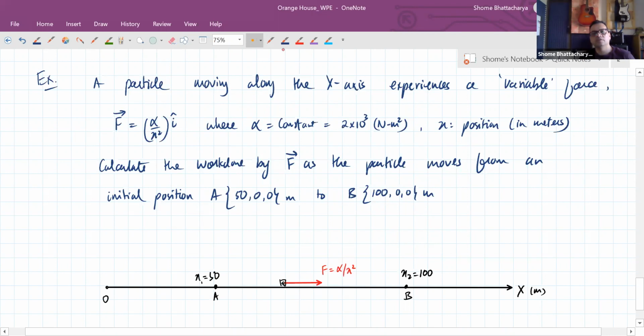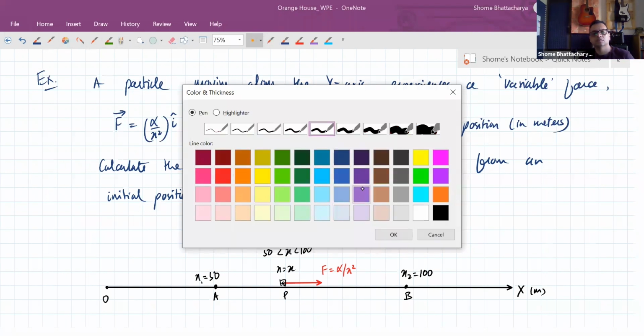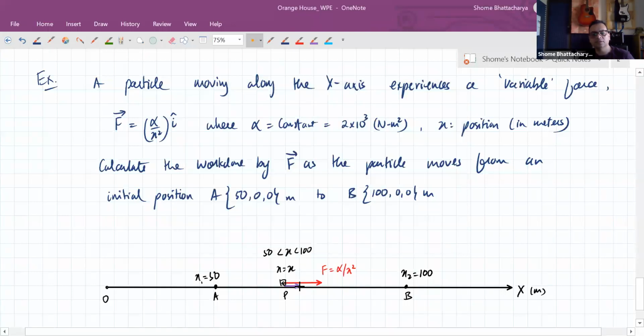Okay, where at this particular point P, let's say the x coordinate is some x, which is greater than 50 but less than 100. So when it makes a very small displacement over here, when it makes a differential displacement, that differential displacement is going to look like this. It will be a displacement dx.